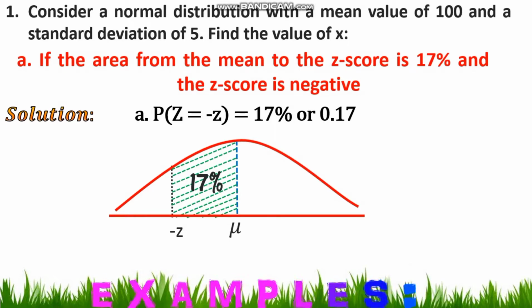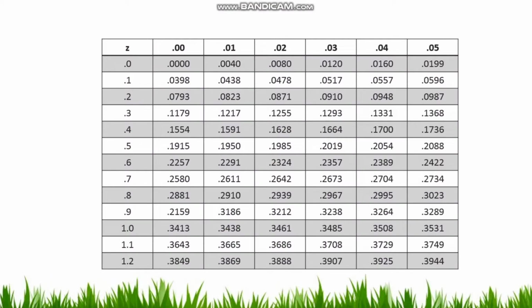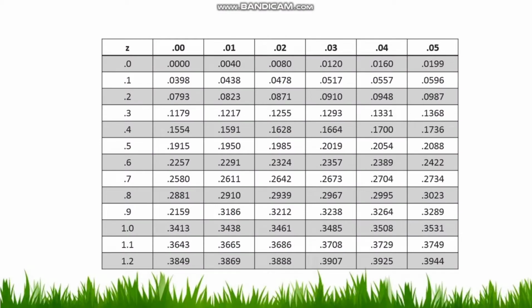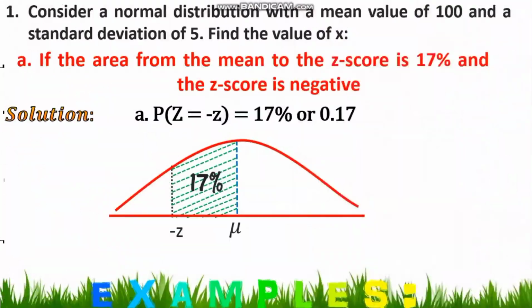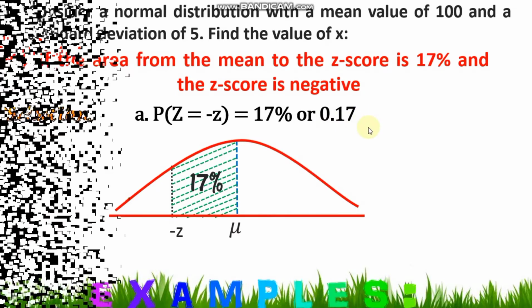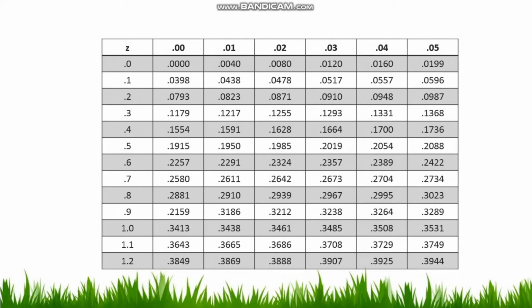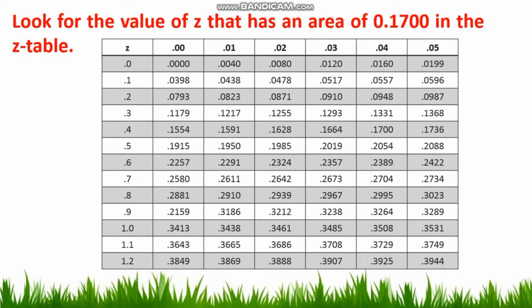Okay? So, para gawin yan, we have to look on to the area ng 17%. So, again, ang decimal point yan ay 0.1700. Ngayon, titignan natin yung z-table ngayon. Ang exact na 0.1700 kung may exact. If wala naman, yung nearest doon. So, as we can see, mapansin ninyo, meron tayong exact value. Saan siya banda? Andito siya. Okay?